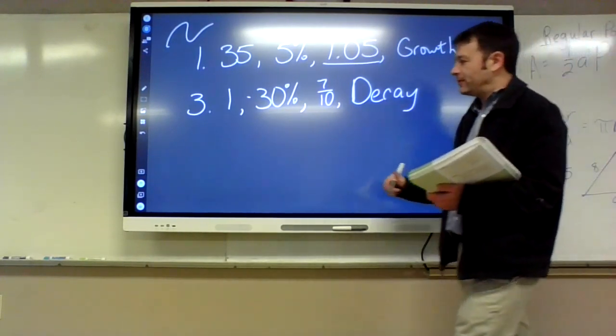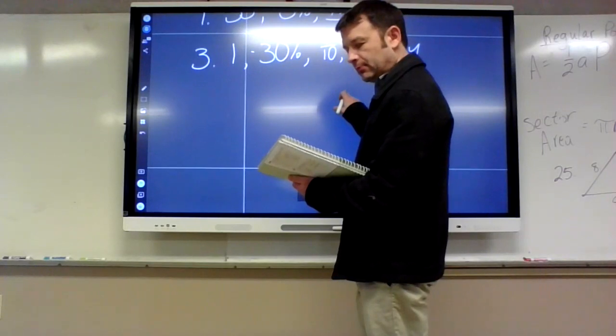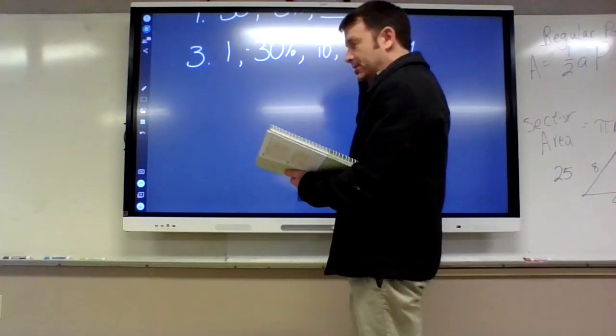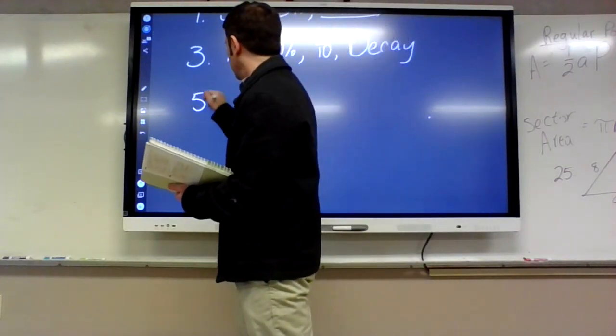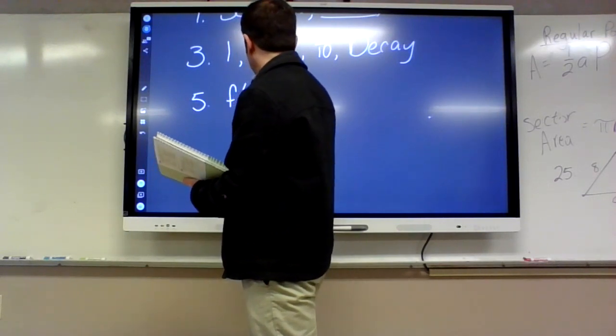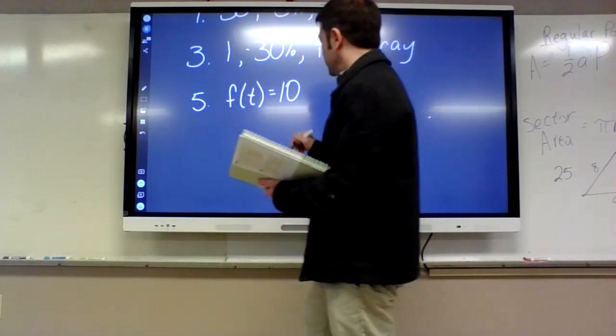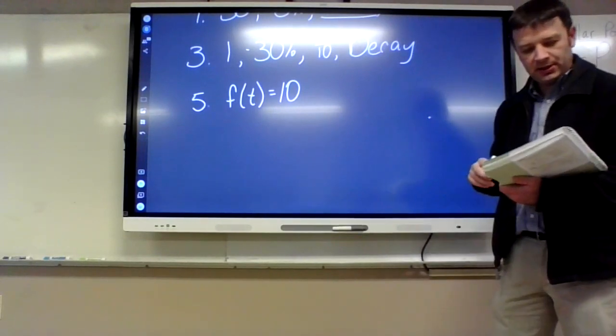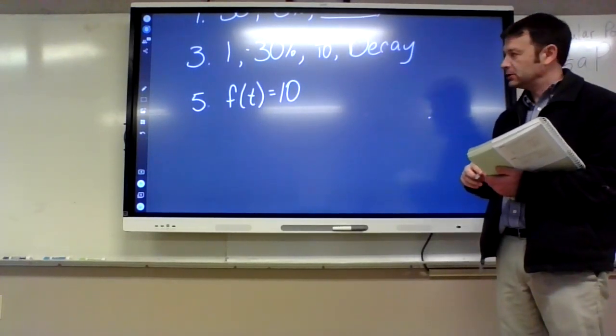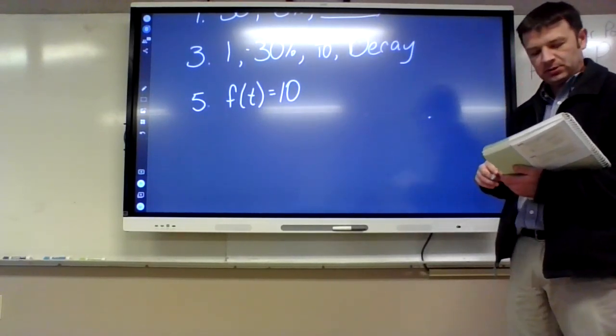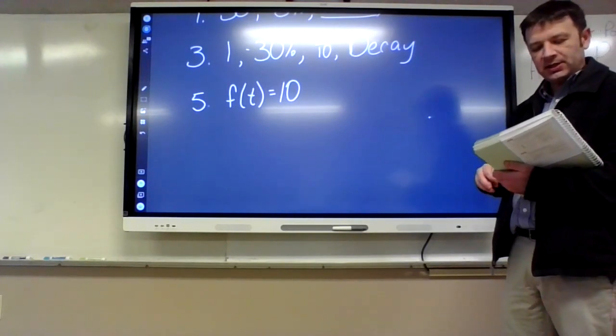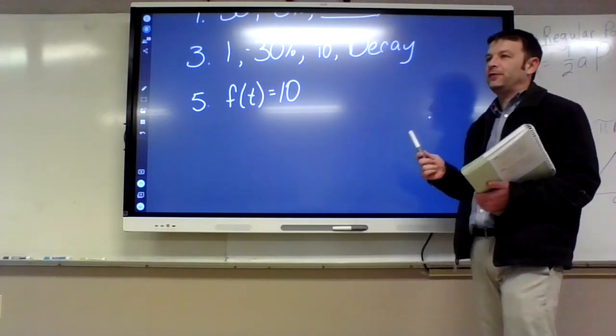Okay, so number 5. Initial amount is 10. Where do I put that? Before the parentheses, right at the beginning, basically. f of t equals 10. And then it says the growth rate is 150%.